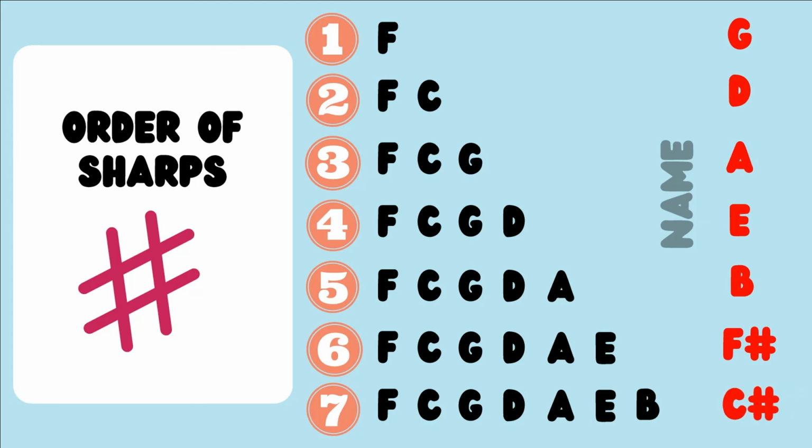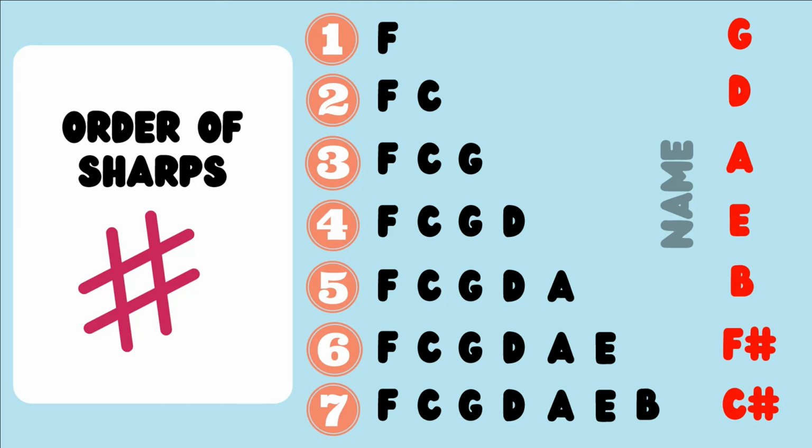Now you observe that in all of this, the name of the key is just a tone higher than the very last sharp. Observe, when it was 1 sharp, I said it's G, that is the key, and F to G is just a tone, which is 2 semitones. When it's 2 sharps, we have F and C, that is where they are placed, and the name is D. That means C to D is a tone also. 3 sharps, the last sharp there is G, G to A is a tone.